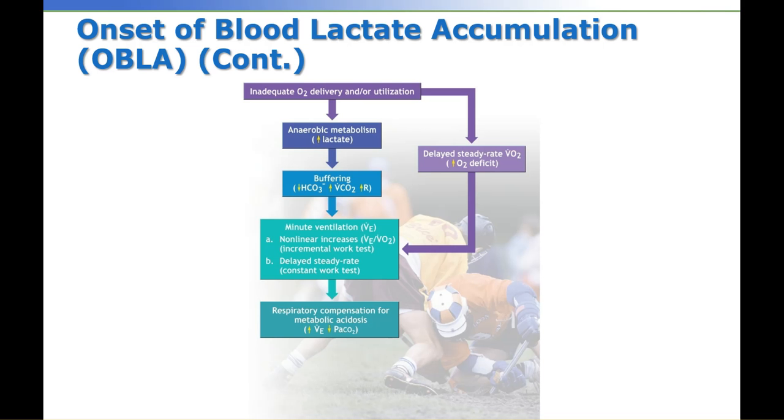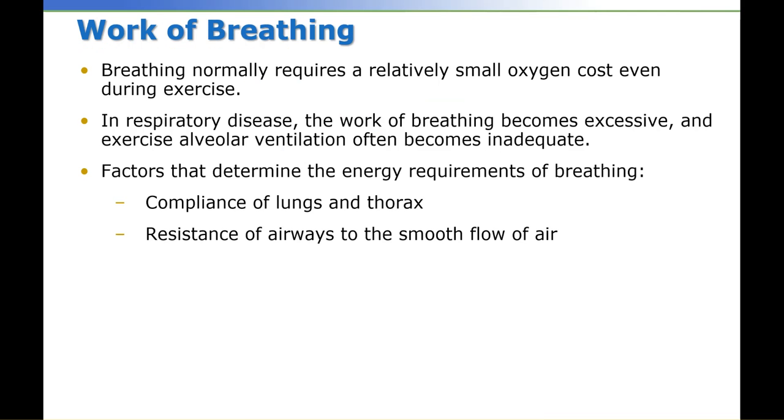That possibly doesn't come from the anaerobic metabolism; it comes from steady state, maybe aerobic. Then you have minute ventilation that increases non-linearly, delayed steady state in a constant work test, and then respiratory compensation for metabolic acidosis. So that can cause the onset of blood lactate accumulation. It doesn't have to be from the anaerobic system; it can come from the aerobic system of steady state.